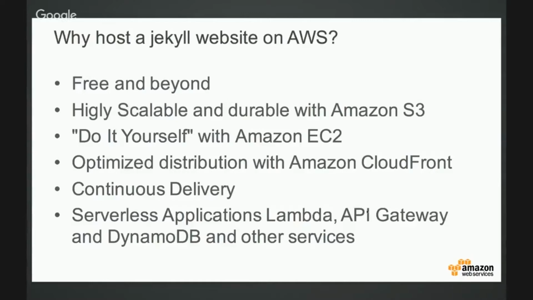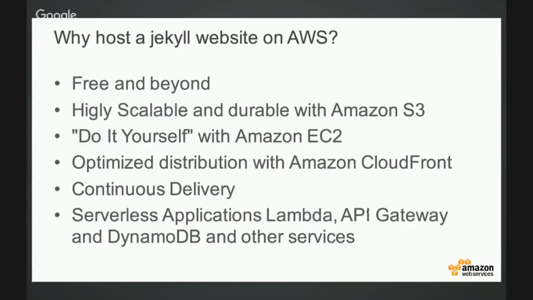That's the AWS free tier. So you can run your Jekyll website for free at AWS. That's something most people overlook. Of course, there are some limitations to that, and I'll talk about those in a couple minutes. But you can easily scale to whatever level of infrastructure you have with our services.